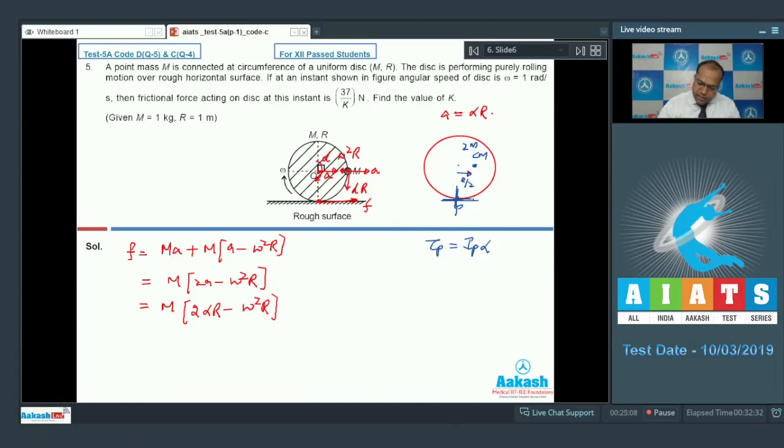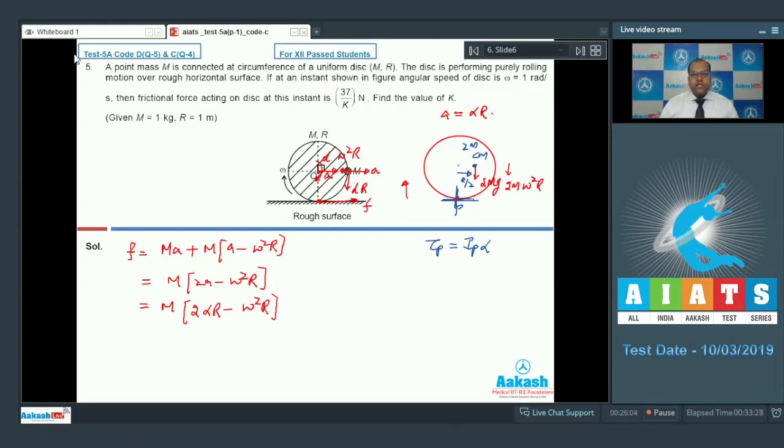So 2mg is acting in this direction due to the gravitational force, and since the acceleration of this point P is omega square r in this direction, in the frame of this point P I have to apply a pseudo force. So that can be written as 2m into omega square r.